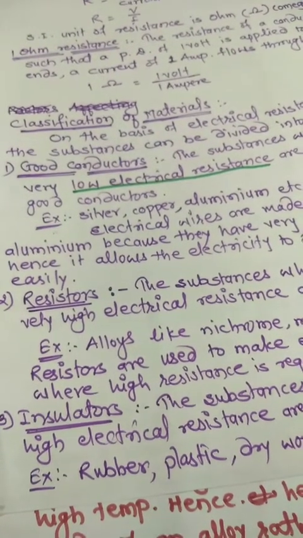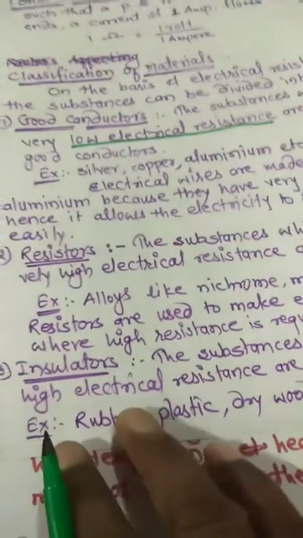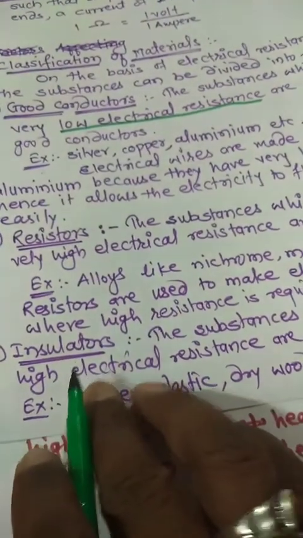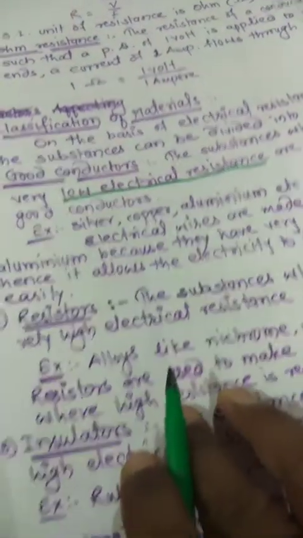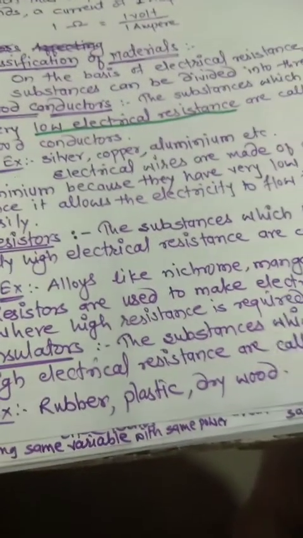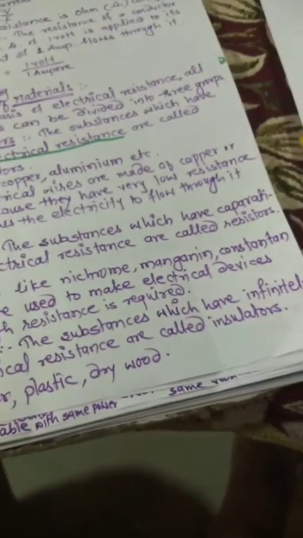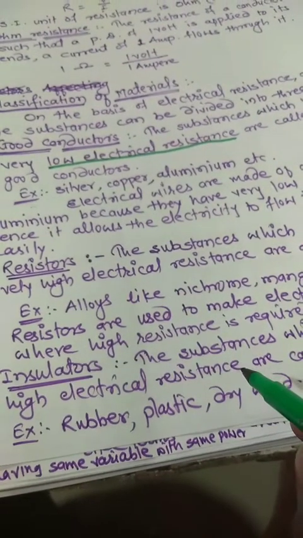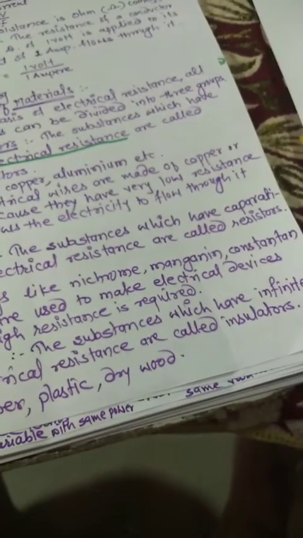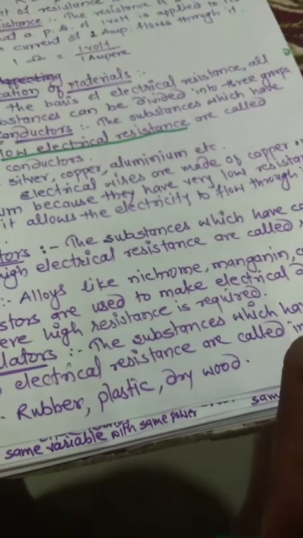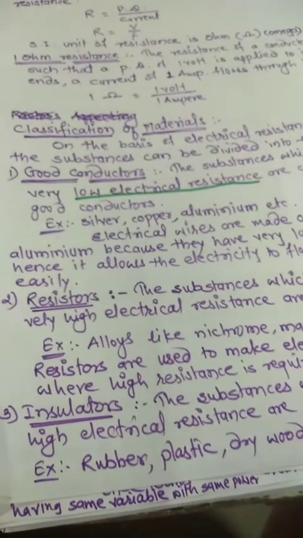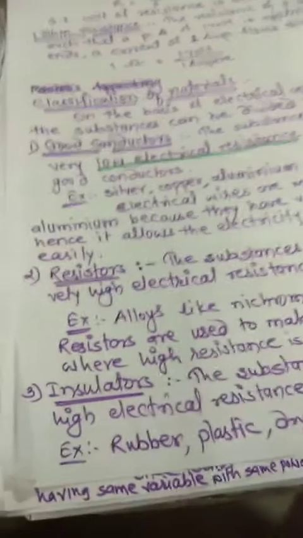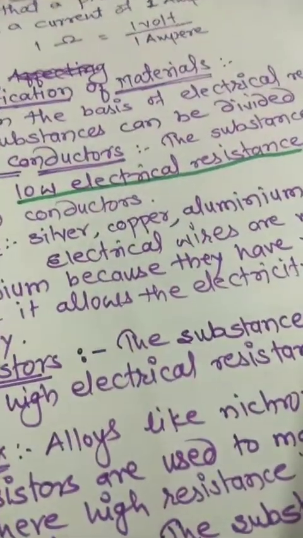Clear, students? Now the third class is insulators. What is the meaning of insulator? The substances which have infinitely high electrical resistance are called insulators. High electrical resistance means electric current should not pass.